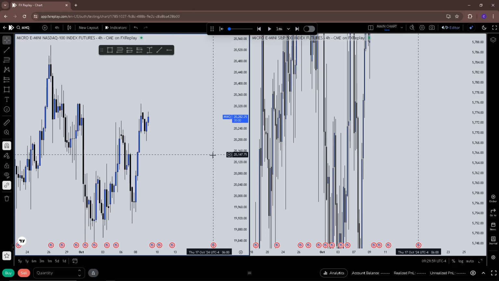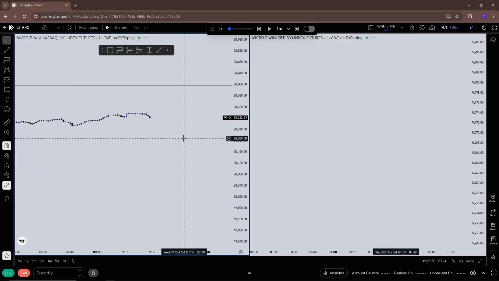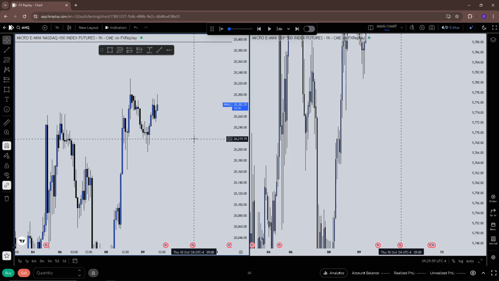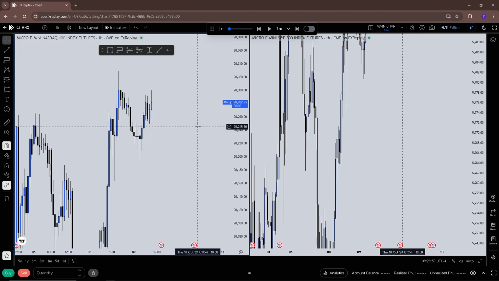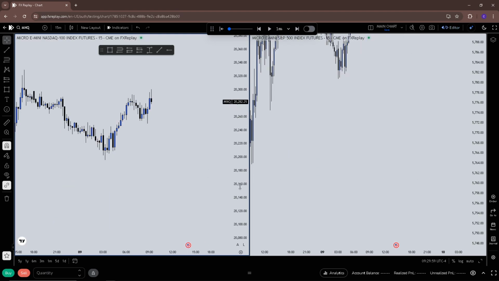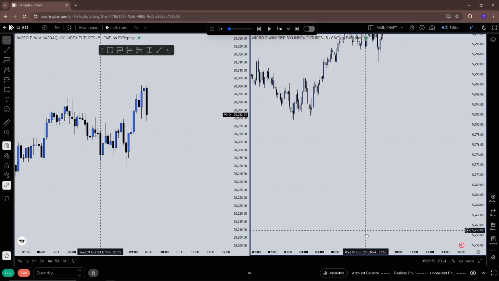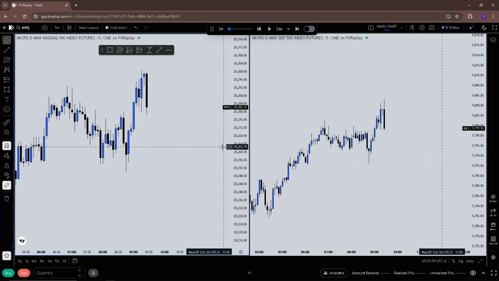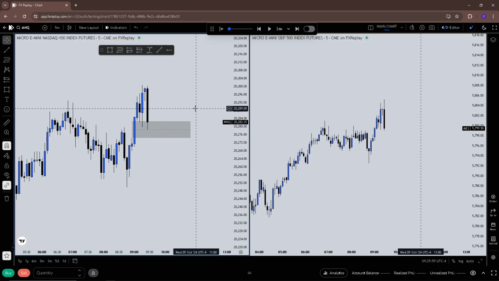Could get a retracement, but I do like us pushing higher to this draw on liquidity. Delivering off this hourly. Delivering out of this 5-minute.